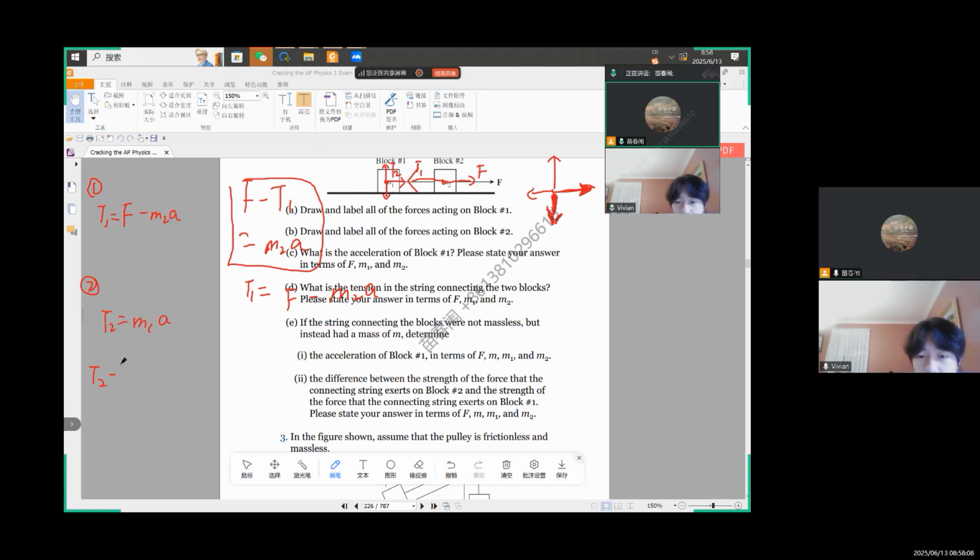I think T2 is a little bit less, so let me use T1 minus T2. It doesn't really matter for this question, because I can compare who is bigger in the end. So T1 minus T2, which is F minus M2 a minus M1 a, right?